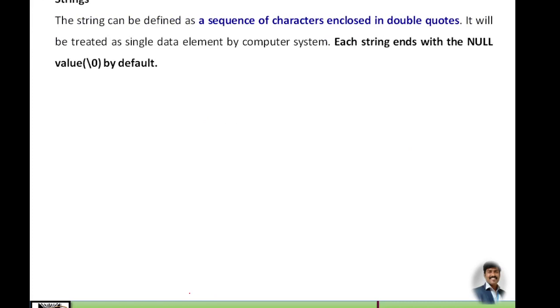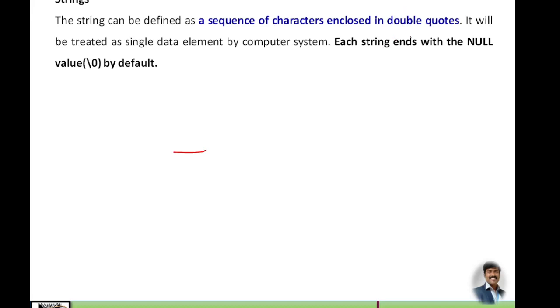Next we shall discuss in detail what is meant by the string token in a C program. A string is defined as a sequence of characters enclosed within double quotes. In a C program, a string is considered a single element by the computer.